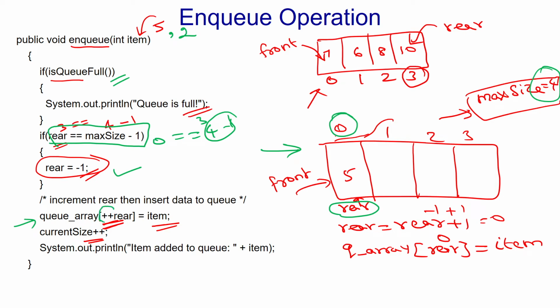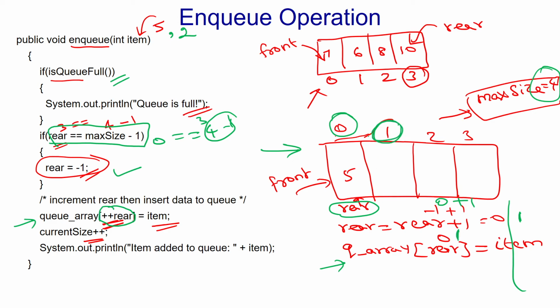For the second element, rear equals rear plus 1. Here the rear is now 0, so 0 plus 1, and the rear value becomes 1. So this line is now q underscore array of 1.